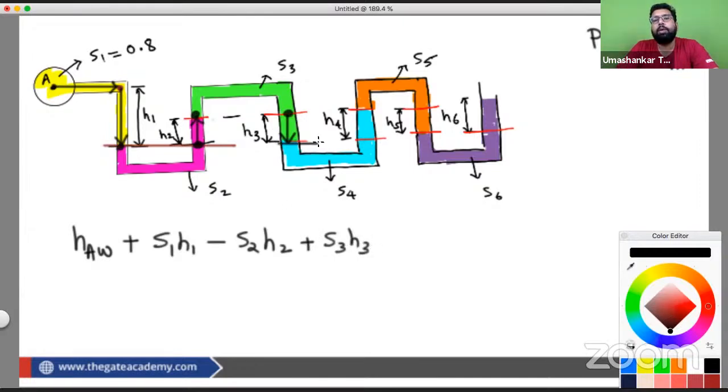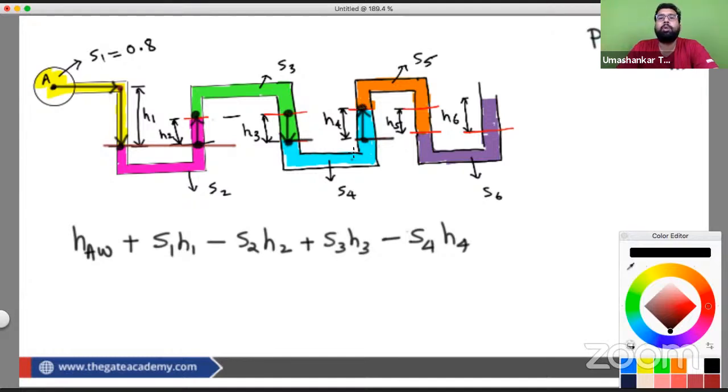So we have reached this point. Now from this point to this point, we are moving in the same fluid, so we can jump from here to here. Now from here, we are moving in the upward direction, so we shall subtract, and we are moving in the liquid S4 by the height H4.